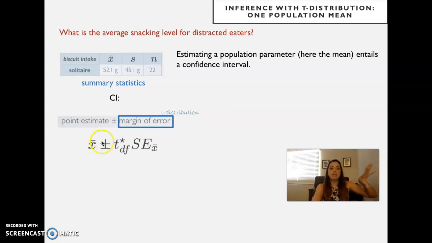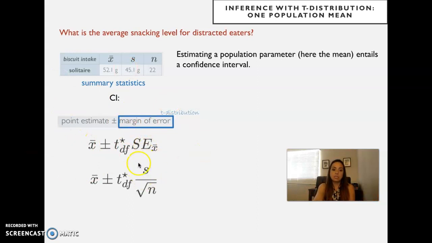So instead of having x bar plus or minus the z critical, the z that would draw our margins of interest, times the standard error, we will have the t critical in order to compute the confidence interval. And again, the standard error equals the standard deviation of the sample divided by the square root of n.